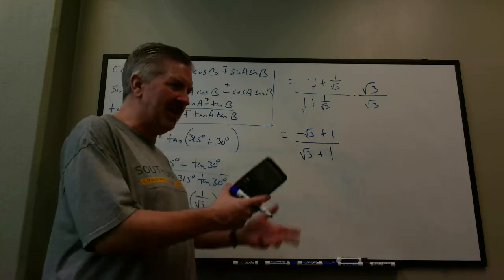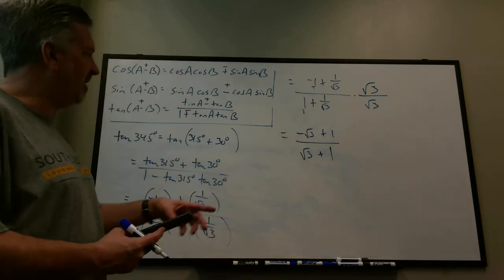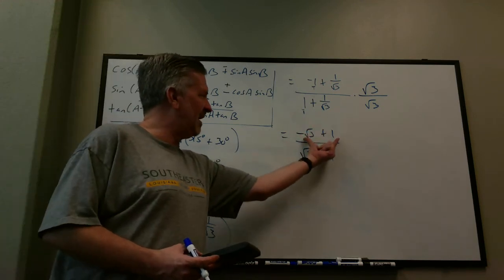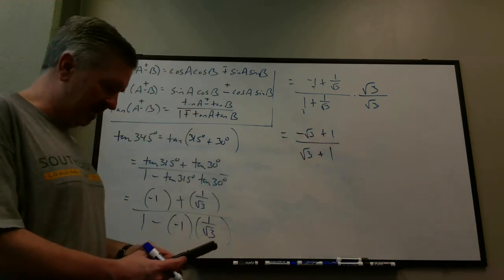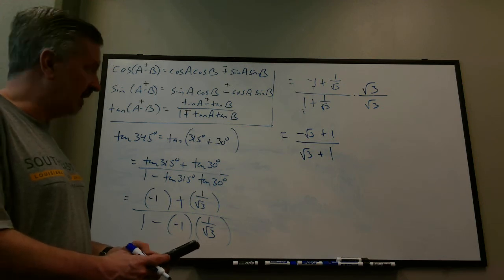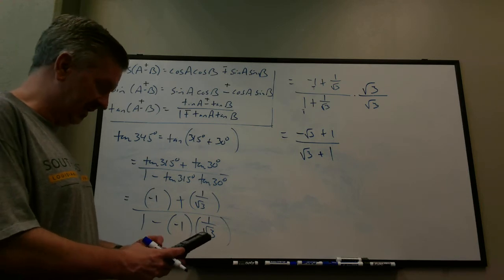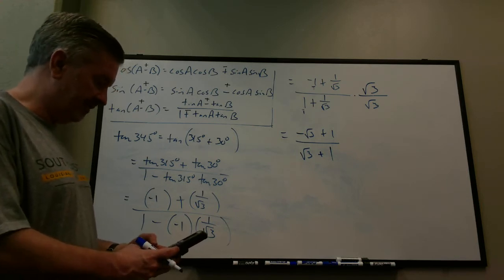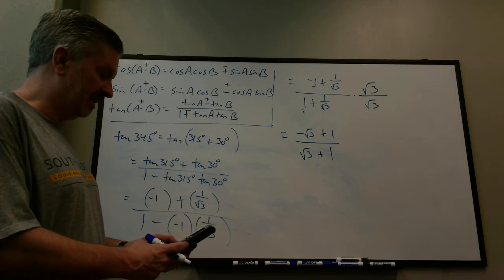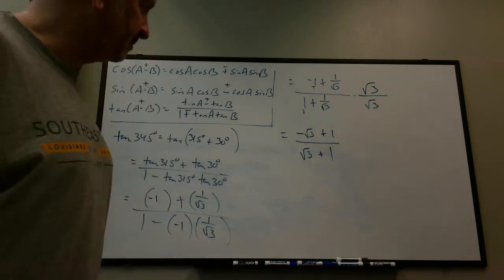So you can check your answer with the calculator, even though they don't want you to use it in this problem. If I type this in, be careful: put the entire numerator in parentheses and the entire denominator. So parentheses minus root 3 plus 1 parentheses divided by parentheses root 3 plus 1 parentheses. And I got minus 0.268. So we did it right.